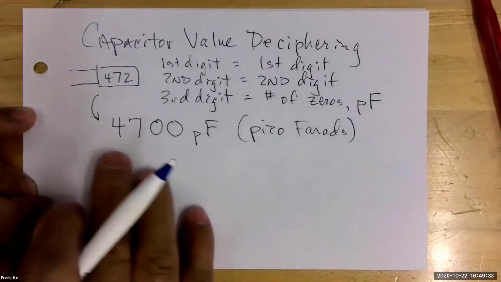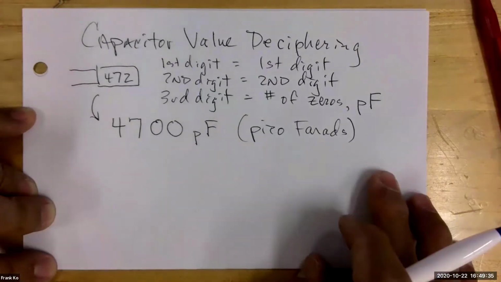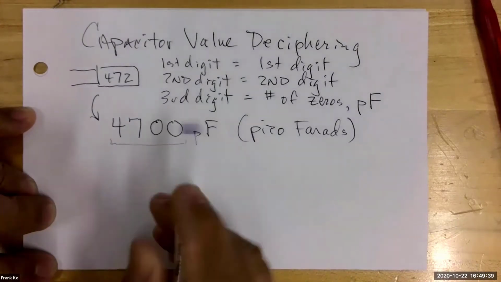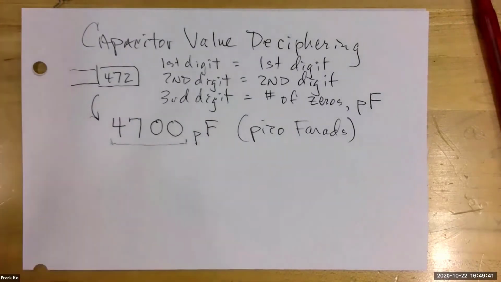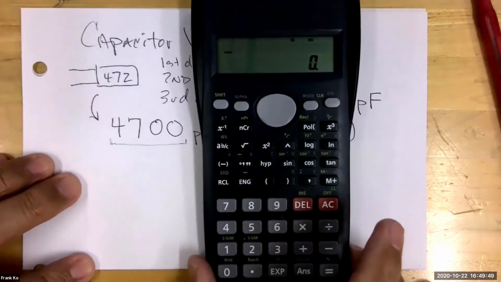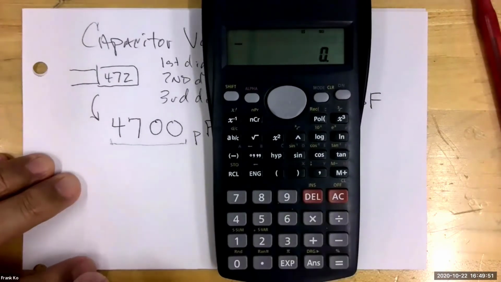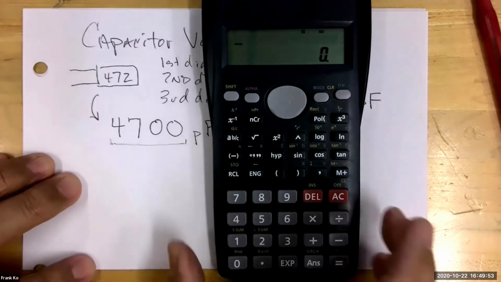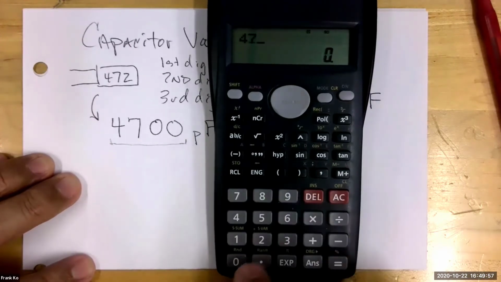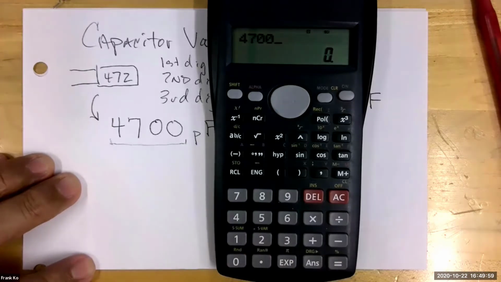Now, is this proper engineering notation? No. Why is this not proper engineering notation? We have 4 digits here. So if you go to key this into your calculator, and we'll go ahead and do that. Here's your marvelous little $8 calculator. It's $8.98 now. Aren't you glad you bought it when it was less expensive? All right, so it is a 4700. And how do we key in pico?